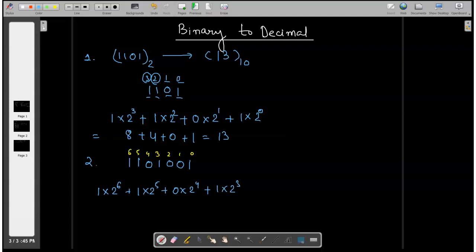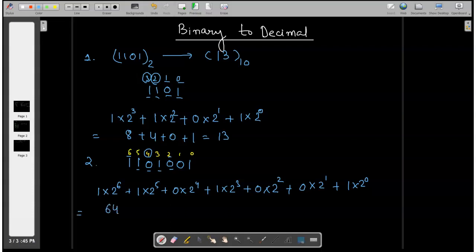Then the next digit is 0, so 0 into 2 to the power of 2, again 0 into 2 to the power of 1, and then 1 into 2 to the power of 0. Alright. So if we calculate this, what are we going to get?